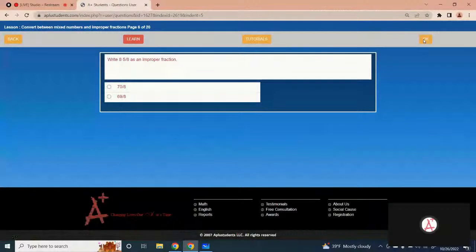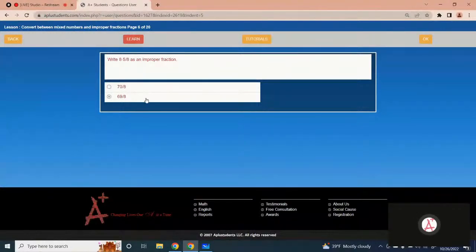Very good. Okay, the next one is write 8 whole 5 by 8 as an improper fraction. 8 times 8 is 64, and 64 plus 5 is 69.